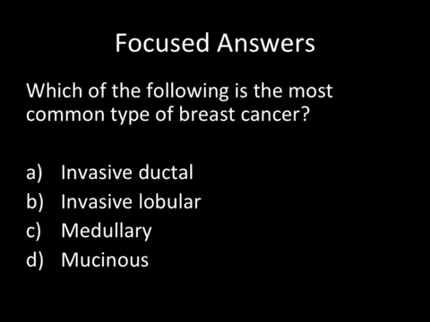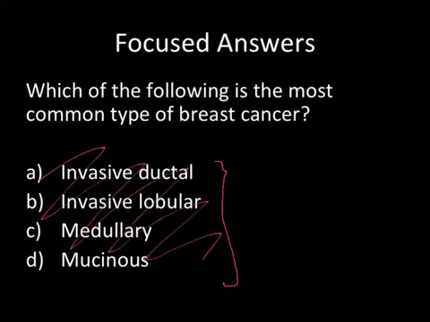So this is an example of focused answers. Which of the following is the most common type of breast cancer? These are all pathological diagnoses. They all fall into one homogeneous category. And not only that, but it passes the cover test. If I covered up these answers, you should know the answer if you knew the information.